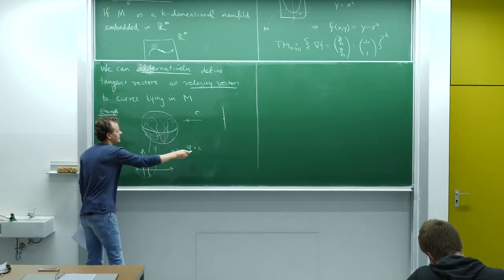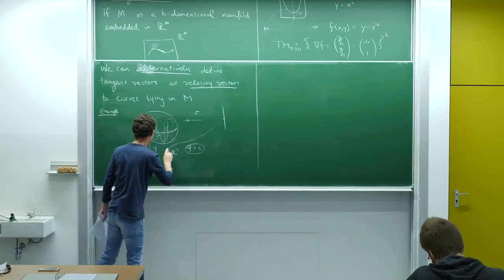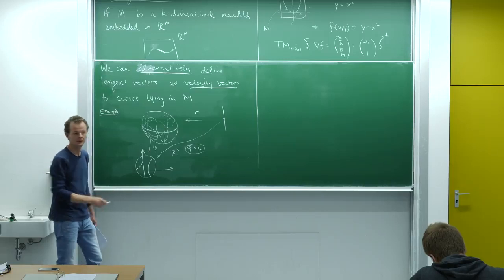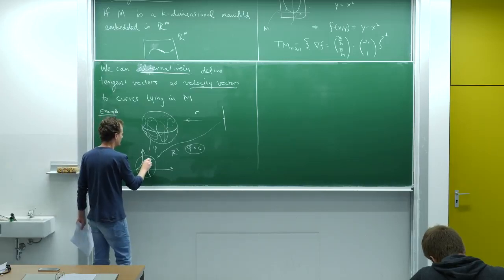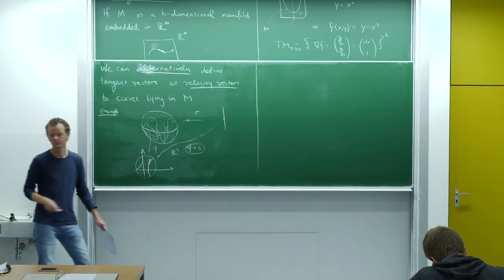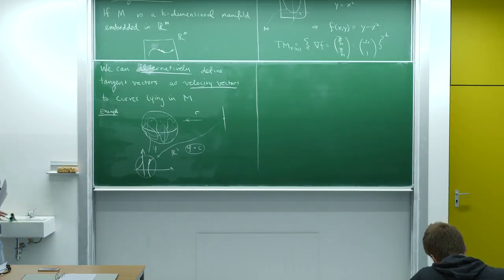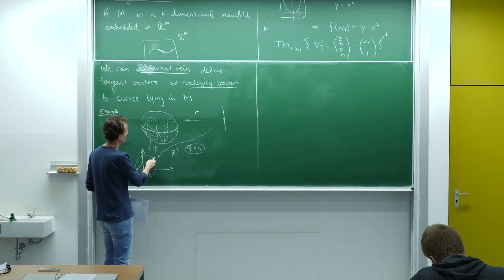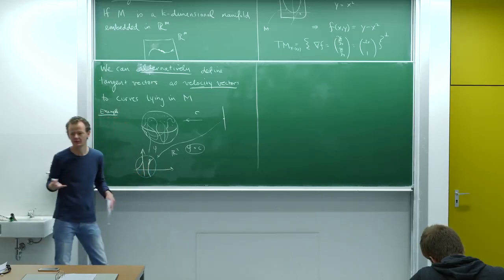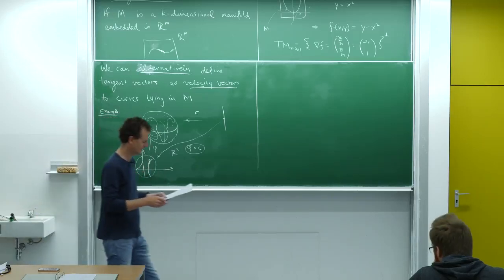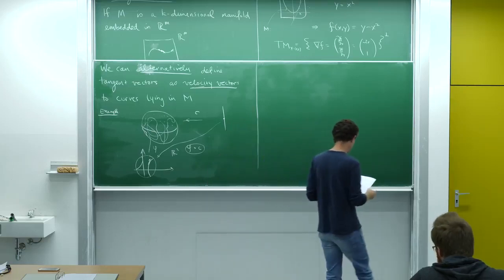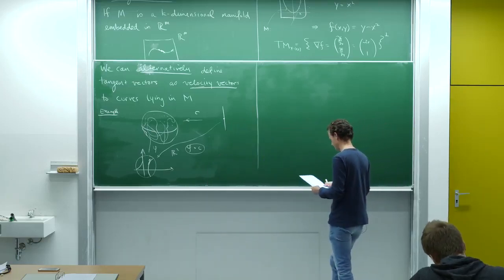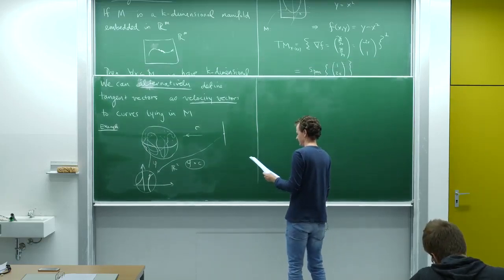So you then take velocity vectors of this curve here, and those will define vectors in R^2. And then you say that this idea of something being a velocity vector, that's really what a tangent vector is. So let's try and capture that as a definition.